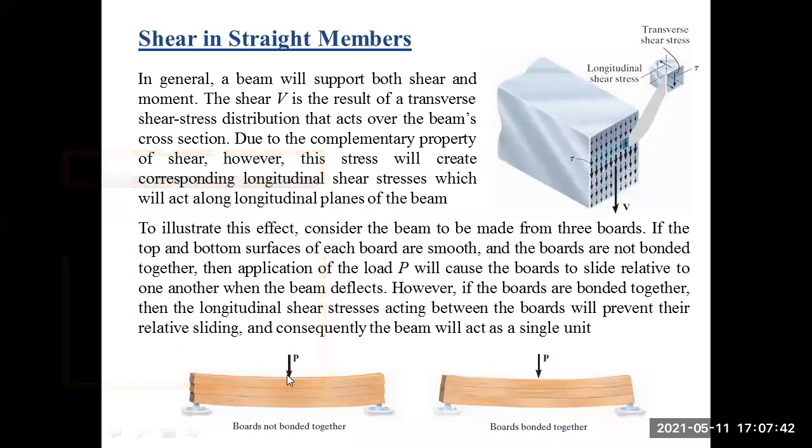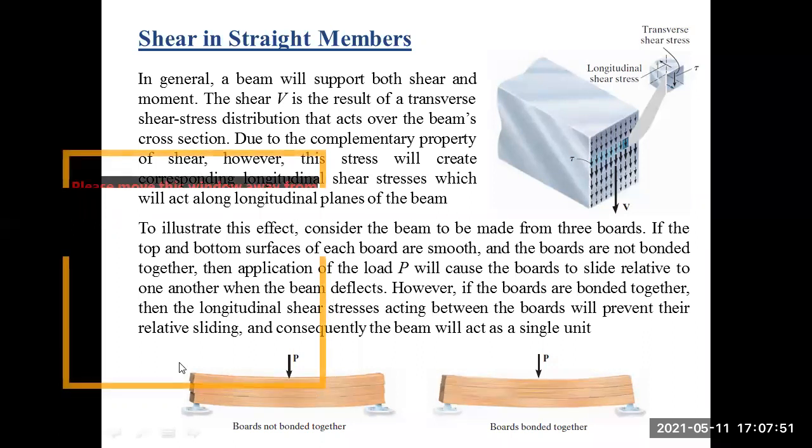When you apply a force due to shear flow, especially if these planks are not bonded to each other, these three planks would extend out from both sides, and that is caused by the longitudinal shear stresses.